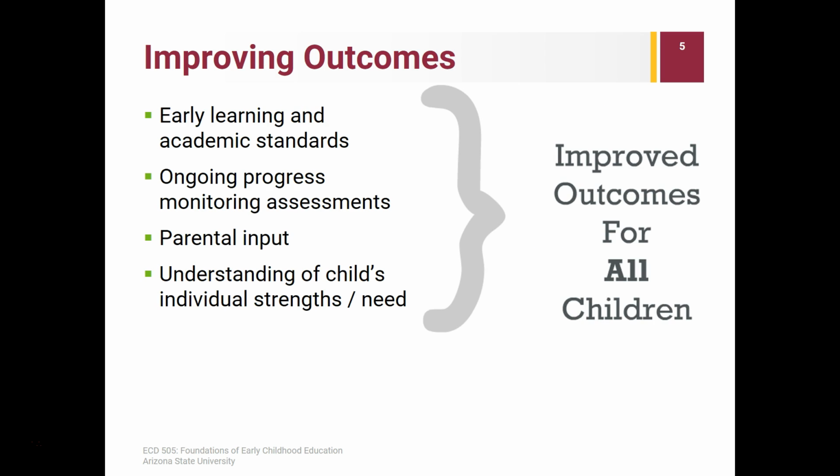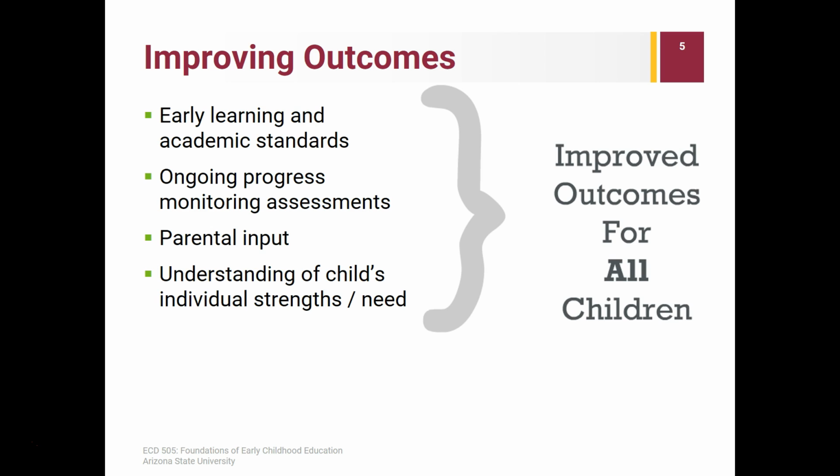Throughout this course, you have been reading and hearing that an effective instructional system requires an integrated system that incorporates standards, parent input, ongoing progress monitoring, and a good understanding of children's strengths and needs. This slide illustrates the impact of a thoughtful approach to children's learning. Briefly, the standards provide direction which informs instruction.